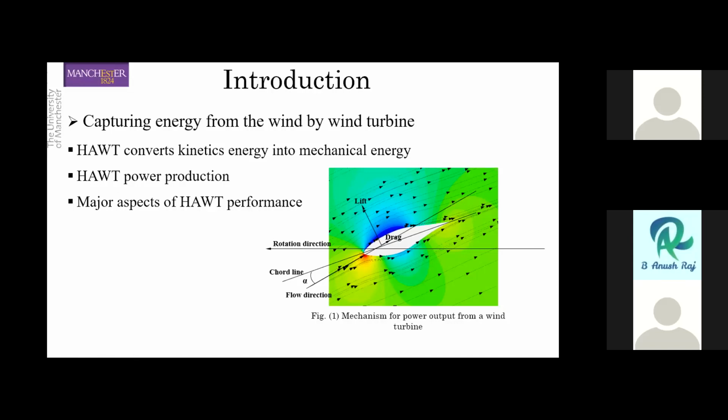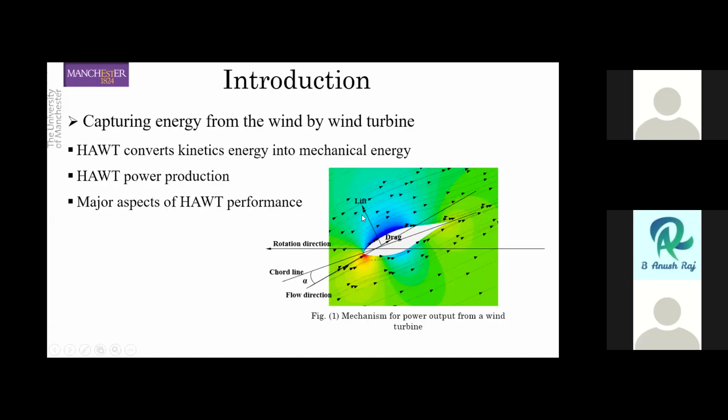So, the major aspects of wind turbine performance, like power output and loads, are determined by the aerodynamic forces generated by the wind. Wind blades are usually subjected to two aerodynamic forces as shown in the figure: the lift and drag force.